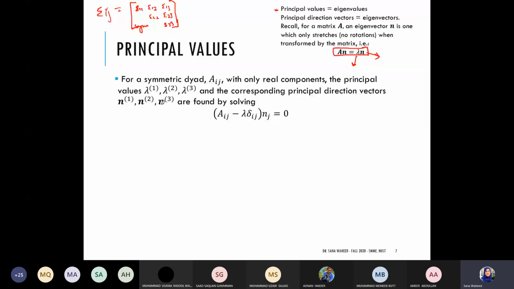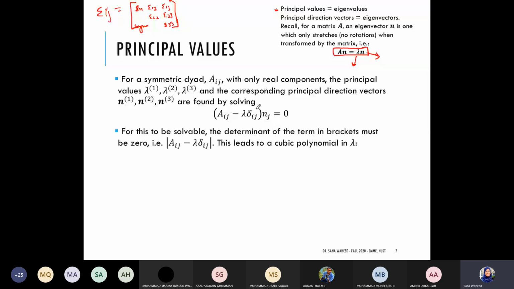We take the right hand side to the left hand side and solve it, and this equation is only true if the determinant of this inner product is equal to 0. ठीक है जी. Again, I know maybe you may have forgotten, but we don't need to be concerned by that. So that's how we find eigenvalues.